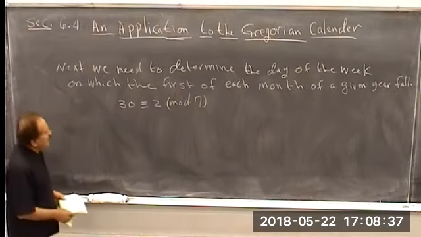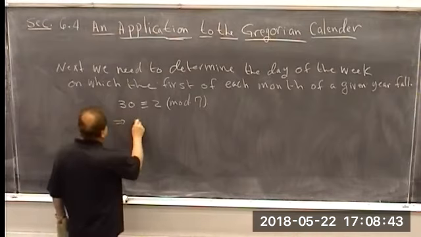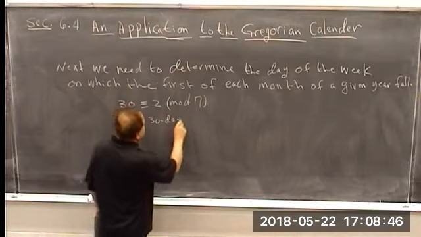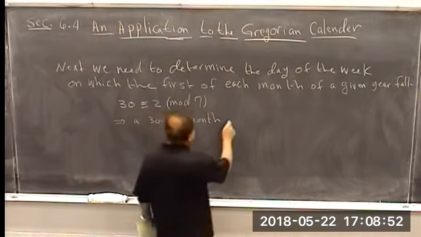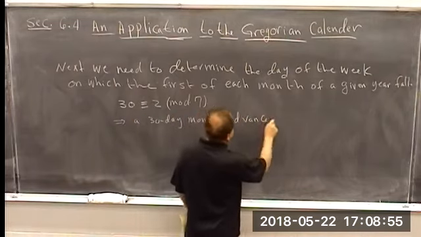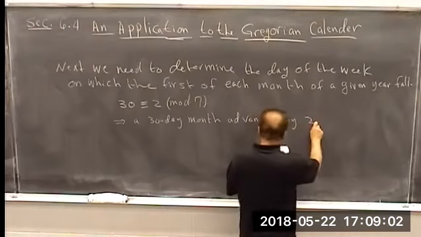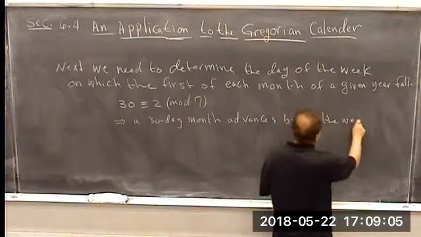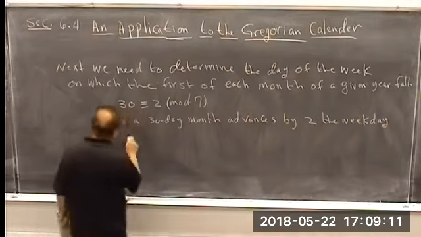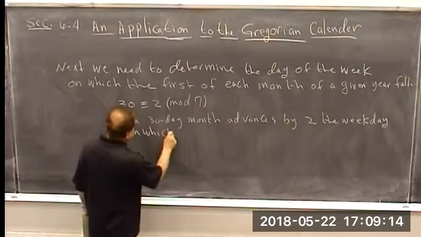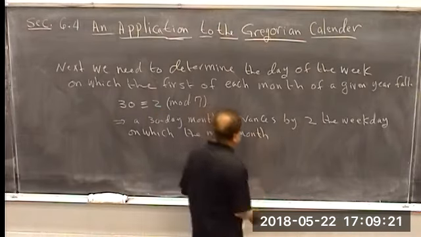In other words, a 30-day month advances by 2 the weekday on which the next month begins.